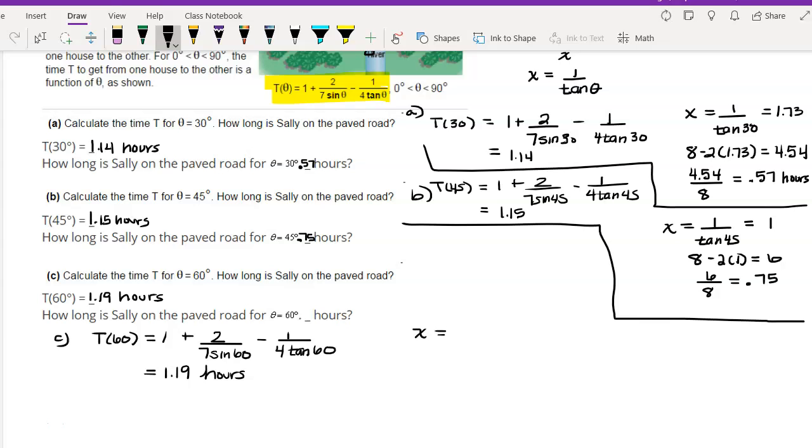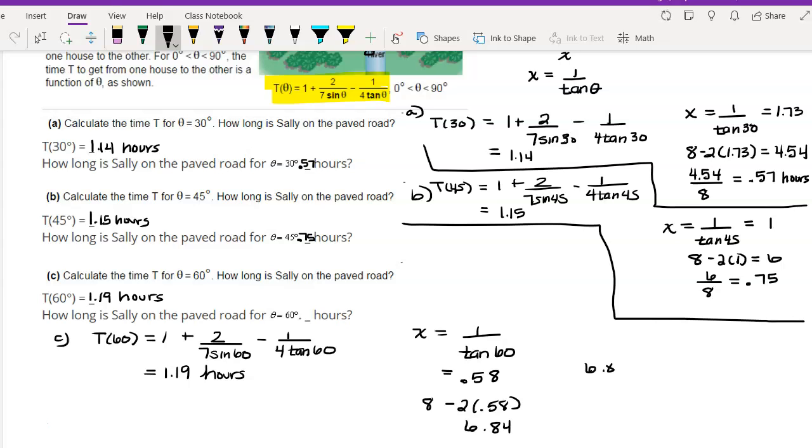We get x equals 1 over tangent 60, which equals 0.58. So we'll go 8 minus 2 times 0.58. And when we put that into our calculator, we get 6.84.